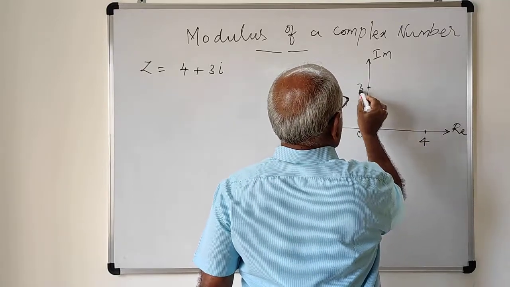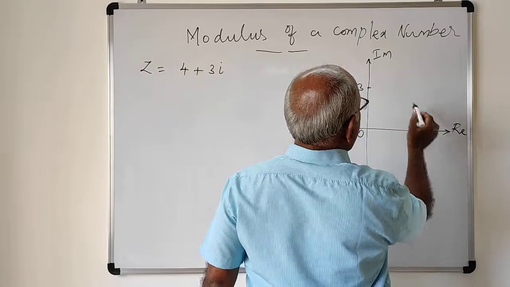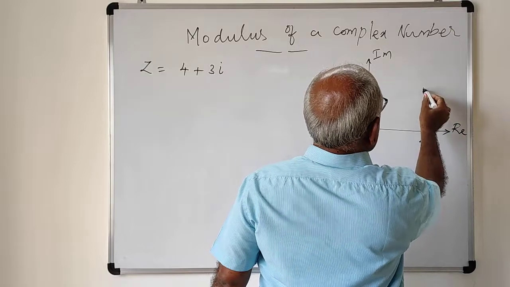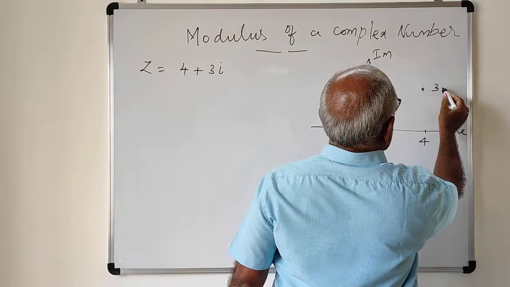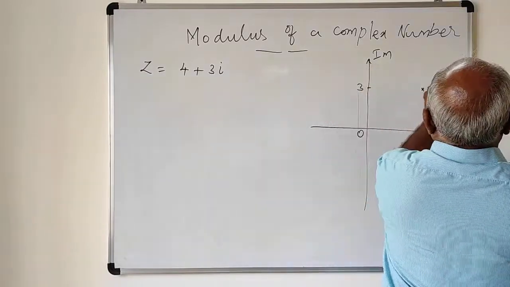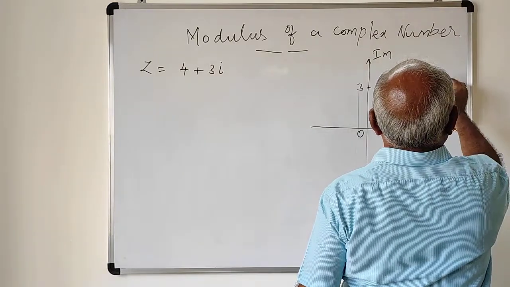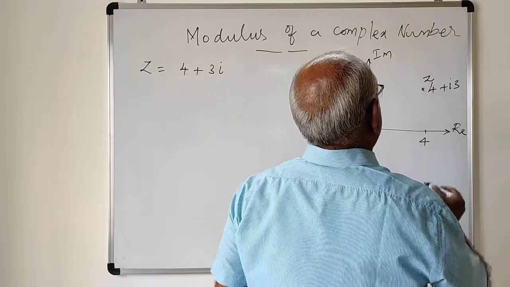This is 4, this is 3, and this is the complex number 4 plus i3.